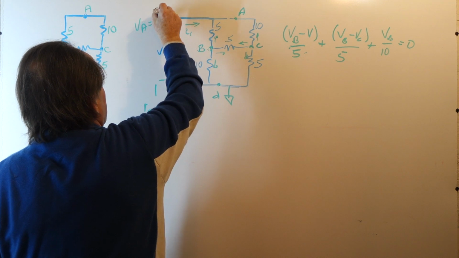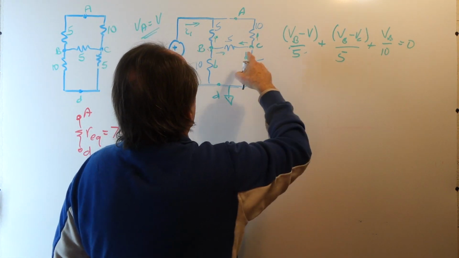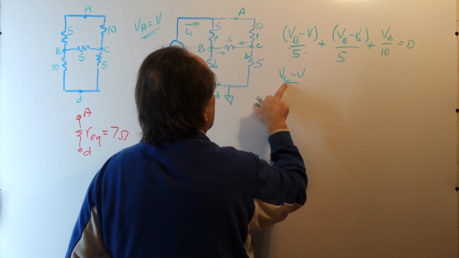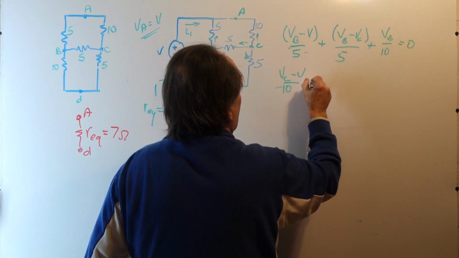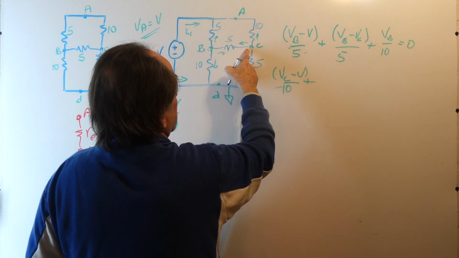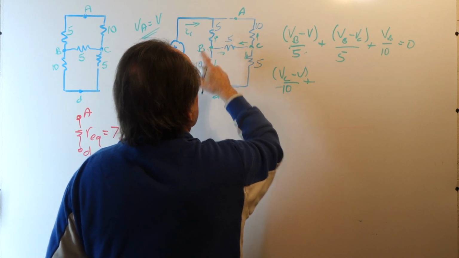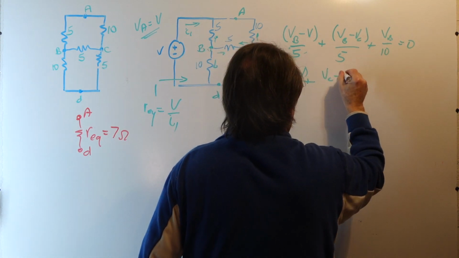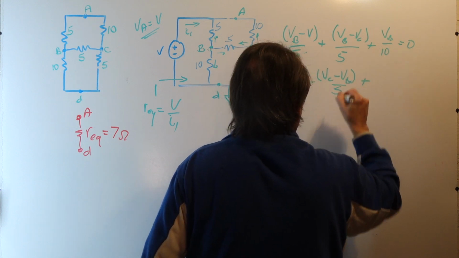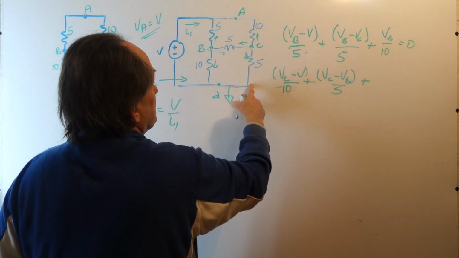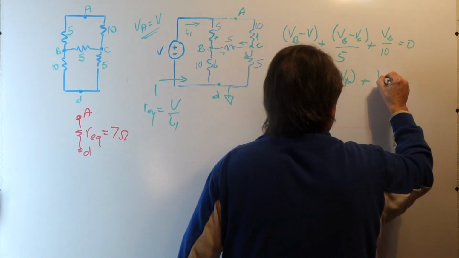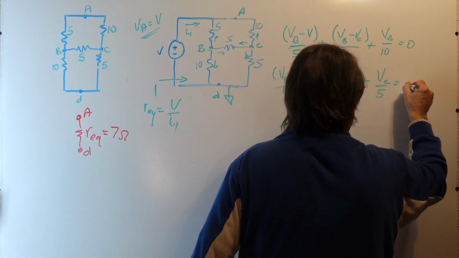VA is equal to V. So, writing, we have VC minus V divided by the resistance, 10, plus the voltage across this resistor, in this case it's VC minus VB, divided by 5, plus the voltage across this resistor divided by the resistance, which is VC over 5, is equal to 0.